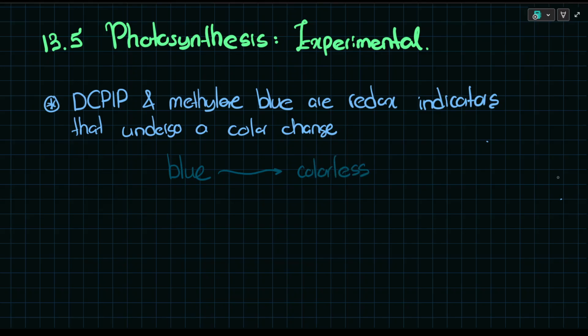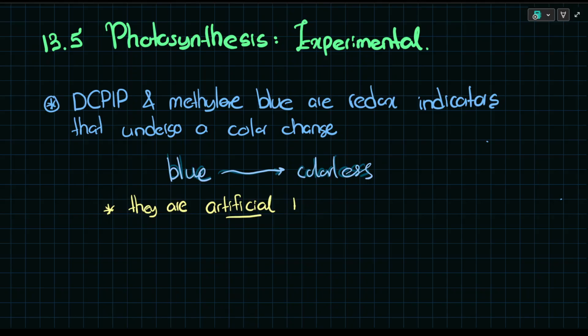Blue to colorless. Now the thing is, these DCPIP and methylene blue compounds are artificial H plus and electron acceptors.